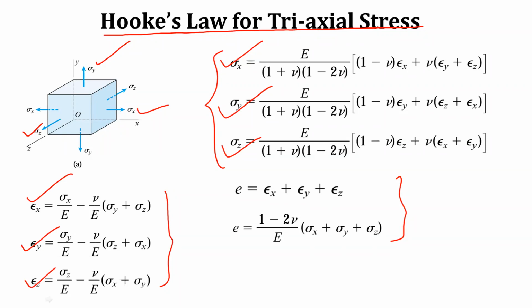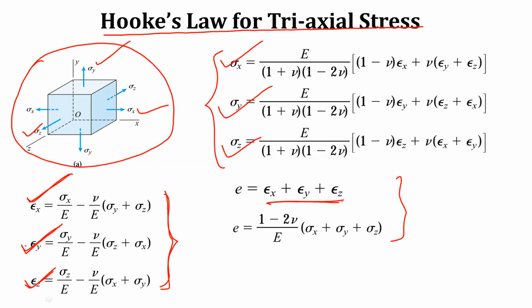Now, if the element is loaded in all directions, that means there will be changes of the dimensions in all directions. Correct? If the loads are acting in 3 directions, there will be changes in all directions, and those changes are represented in terms of strains, epsilon x, epsilon y, and epsilon z. If you add all these 3 strains, we will get the change of volume. Correct?